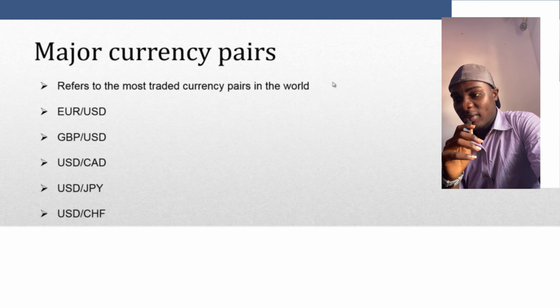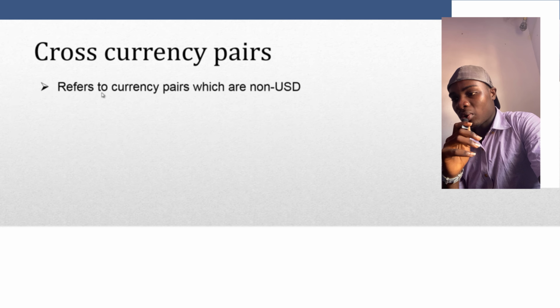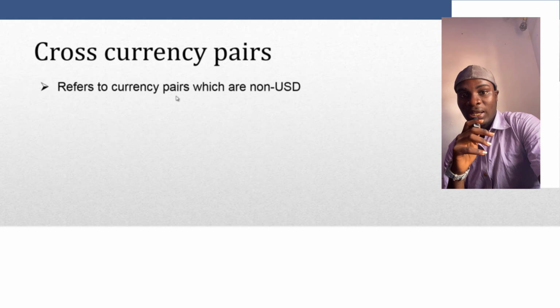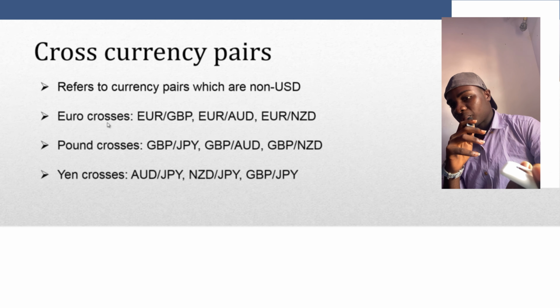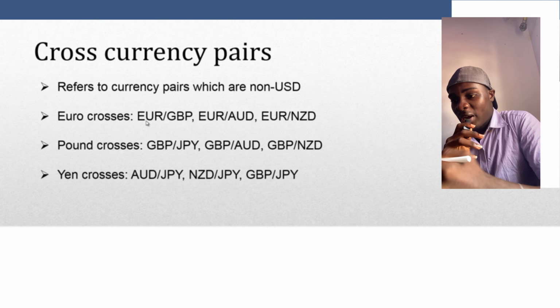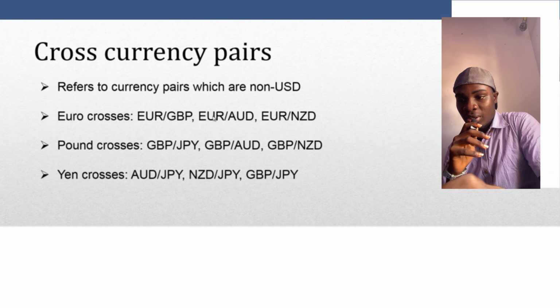Next, we have the cross currency pairs. Cross currency pairs refer to currency pairs which are non-USD. They don't have any USD in them. So we have the euro crosses: EUR/GBP, EUR/AUD, EUR/NZD.